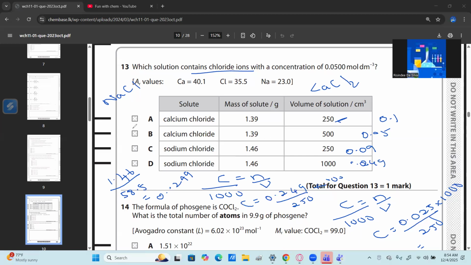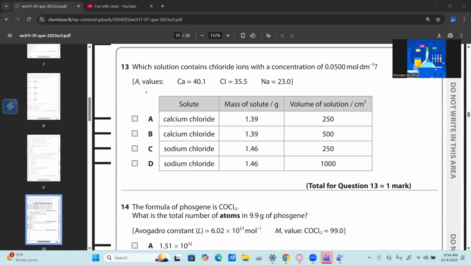So the correct answer will be, which solution contains 0.05? So it is B. You don't need to find the others also, right?